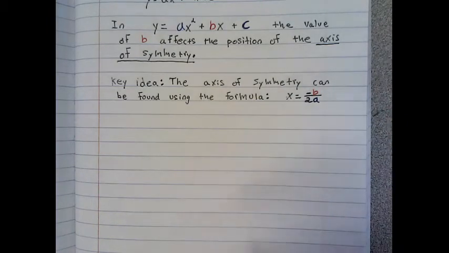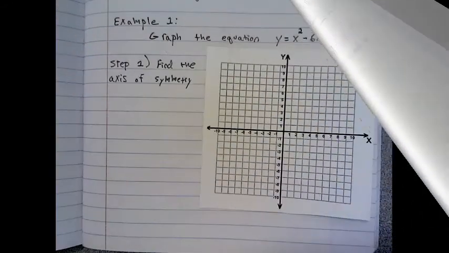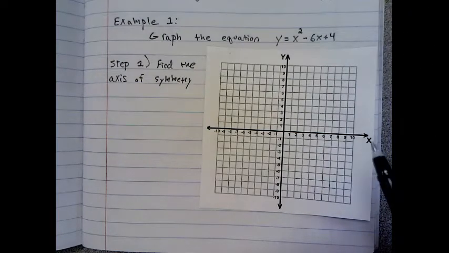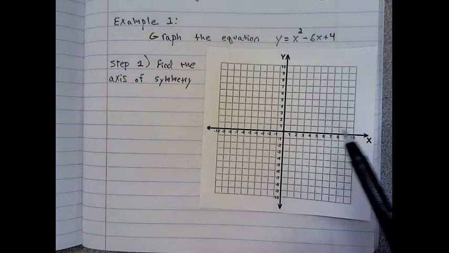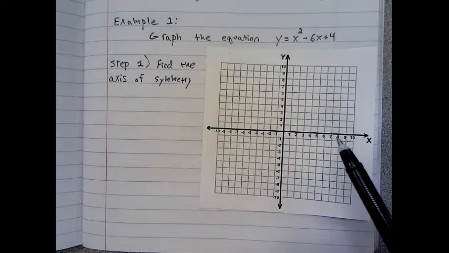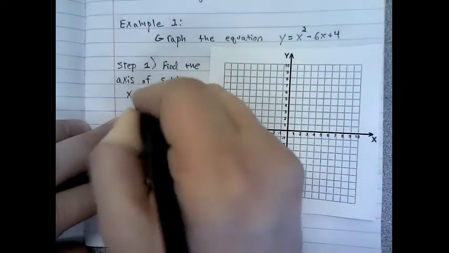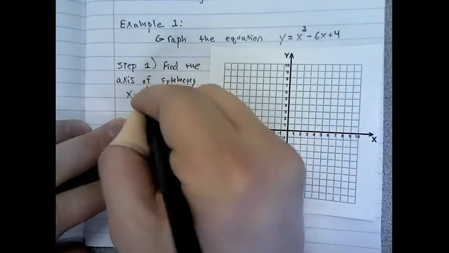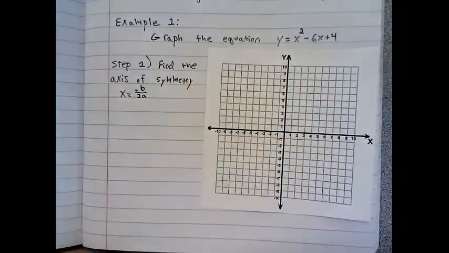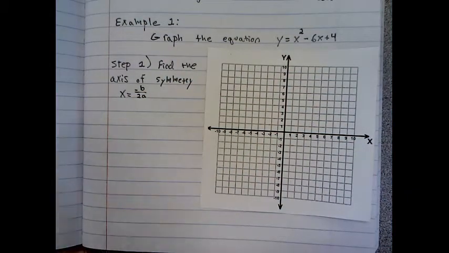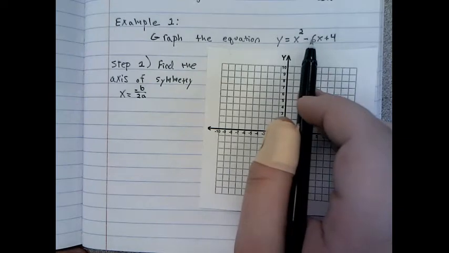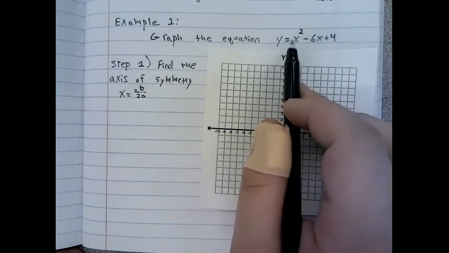And we're going to see that in our next example, where we're graphing a quadratic equation in standard form. Graph the equation y equals x squared minus 6x plus 4. Our first step is to find the axis of symmetry. The formula again is x equals negative b over 2a. My value for b is negative 6, and my value for a is 1.